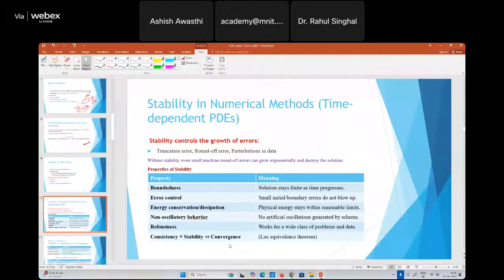For example, you are modeling an oscillatory phenomenon, the pendulum equation, or in the engineering field, oscillators. Oscillators have to oscillate; there is no other chance.